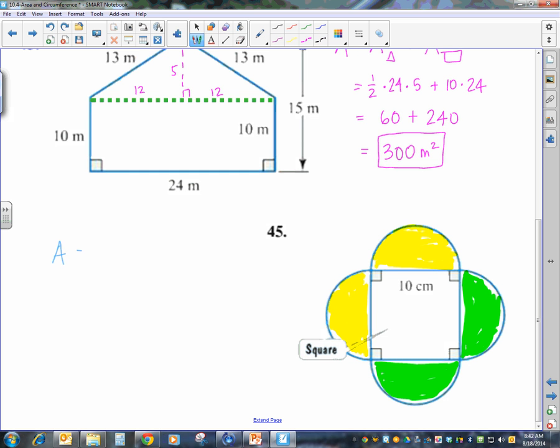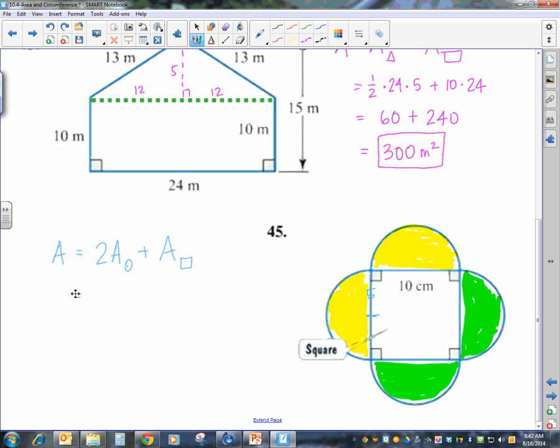So the area of my figure is going to be 2 times the area of a circle plus the area of a square. Because they told us this is a square, so we know that all these sides are 10, okay? Which means, hopefully that tells you that when you get that in half, the radius of my circle is 5.